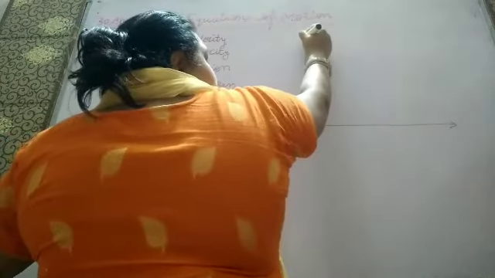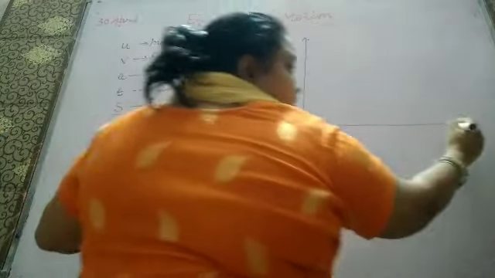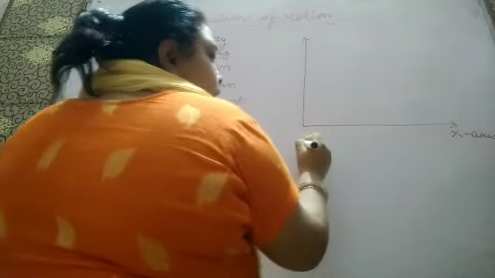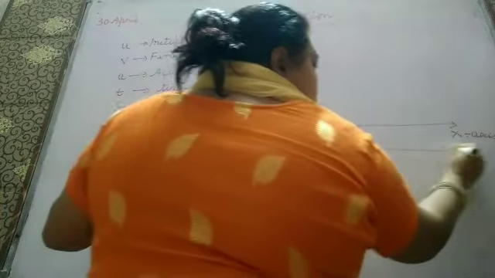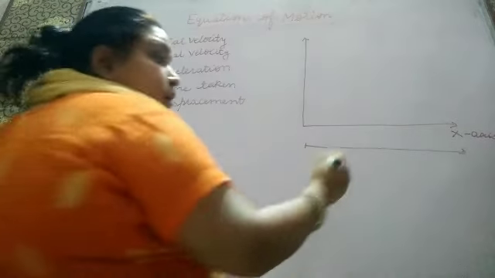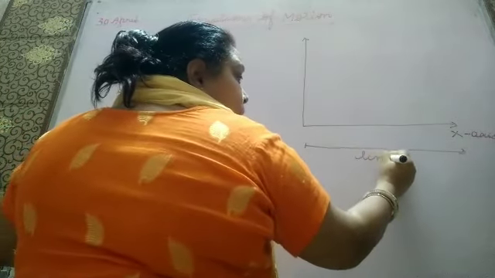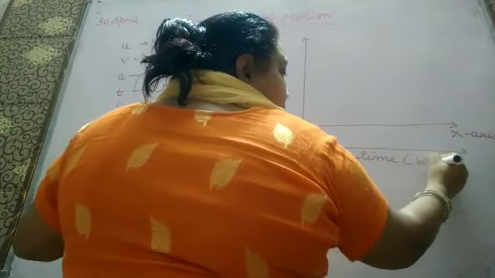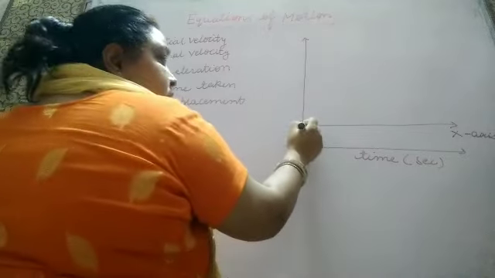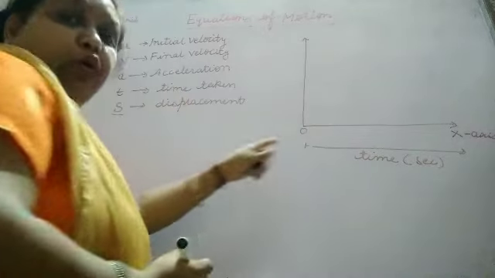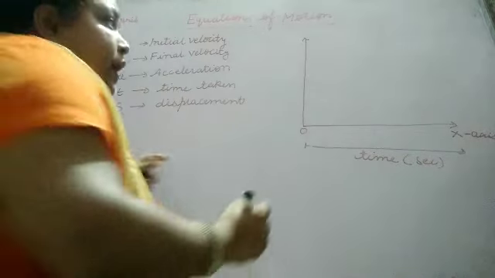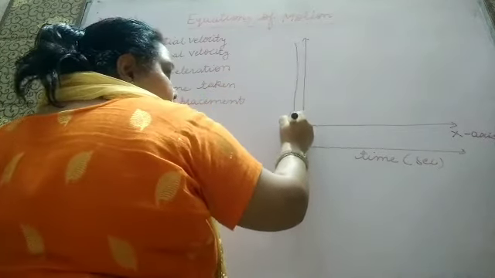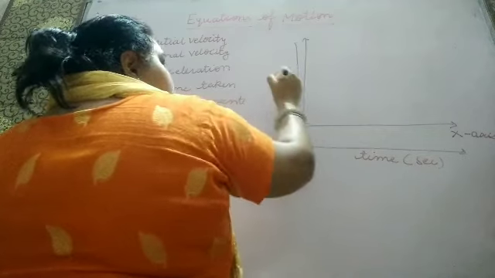You know how to draw a graph. This is your x-axis, and here on x-axis we are going to display time, okay, and time we measure in second, clear. This is O, the point O, origin, and on y-axis we are going to show velocity.